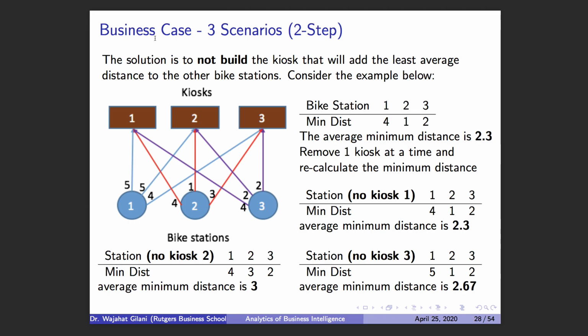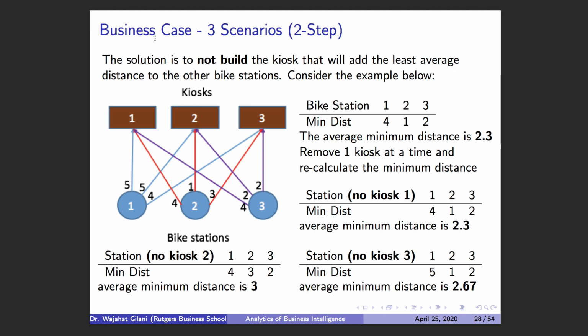So basically you want to build the 2 kiosks that contribute the least to the minimum distance. What do I mean? For example, if I build kiosk 1 and 2, what would that add to the average minimum distance from the bike stations to their kiosks?